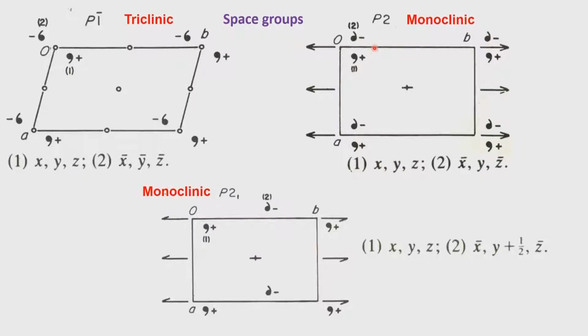Suppose we now want to consider this projection such that we show the AC projection. If we show the AC projection, you remember that the two-fold axis now will be represented by a set of symbols which are now perpendicular to the 0 position, and that you should keep in mind.